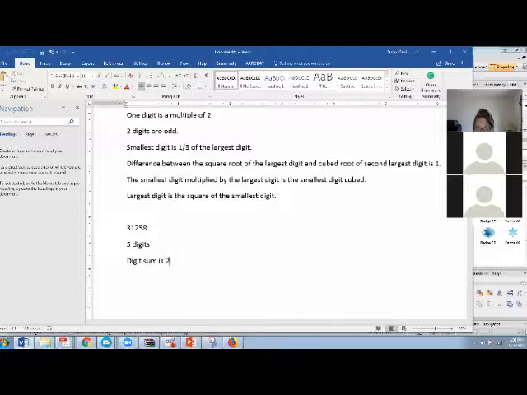Digit sum is 1. It's 4 plus 2 plus 8 plus 5. What? So let me see, 10, 1, plus 9, which equals 19, which equals 10, which equals 1.